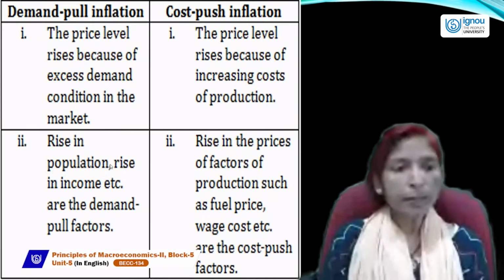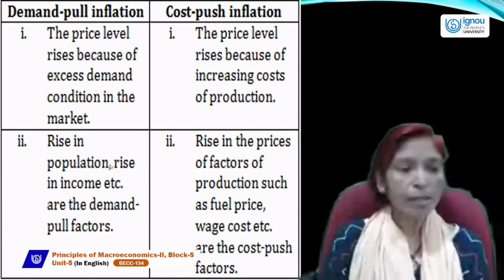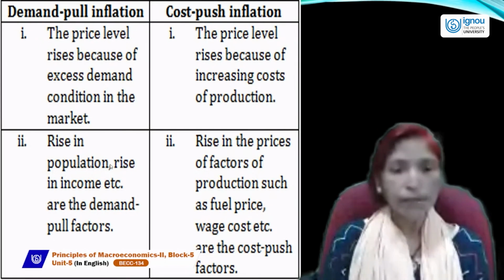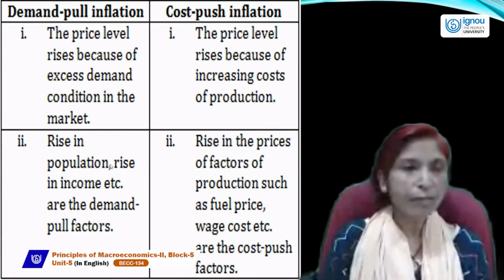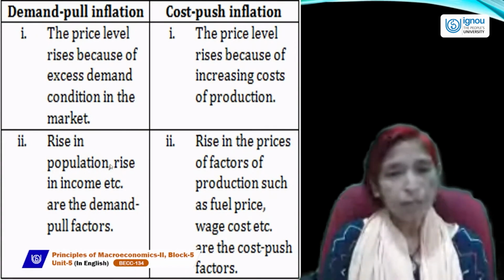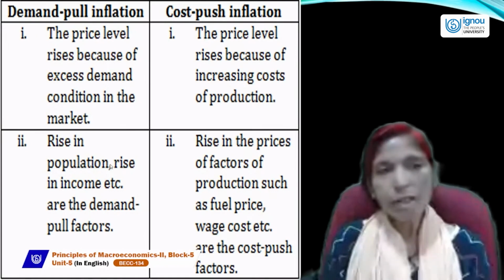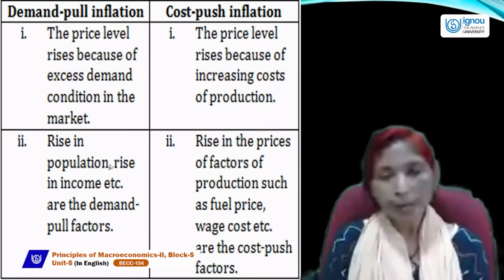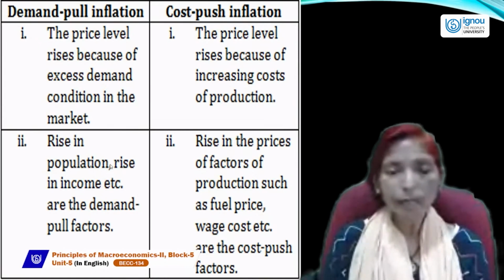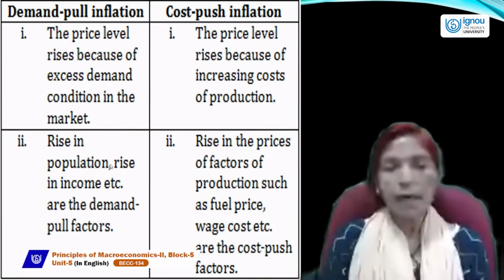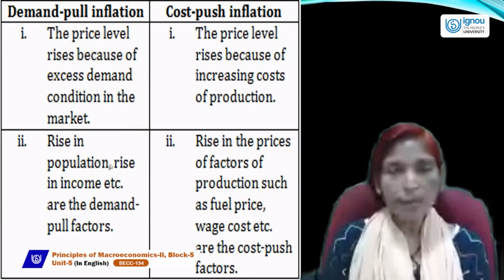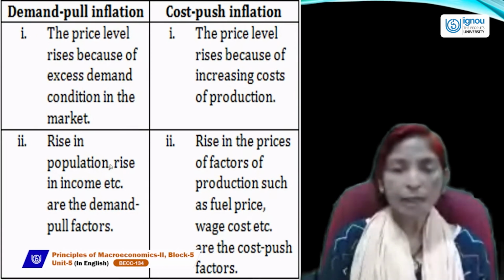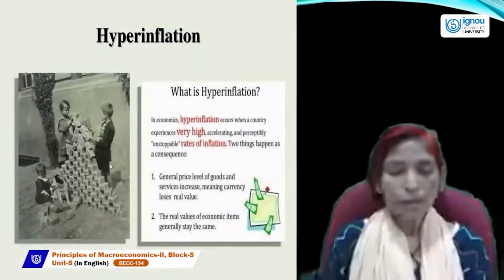The main factors responsible for demand pull inflation are the rise in population and the rise in income of consumers. The main factors responsible for cost push inflation are a rise in the prices of the factors of production like land, labor, capital, entrepreneur, and other factors like fuel prices, if wage cost increases. These are the main causes of cost push inflation.